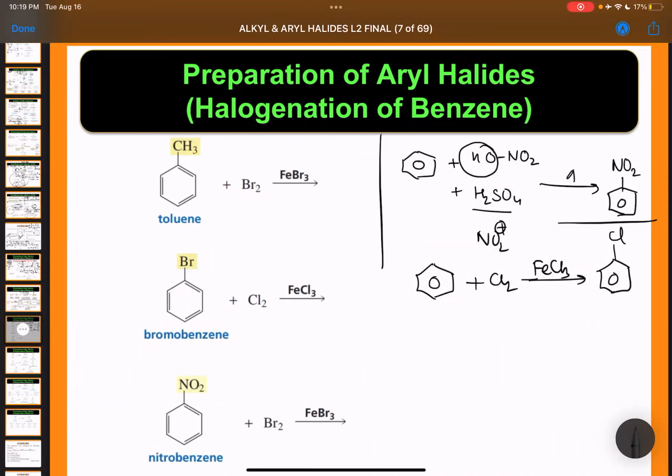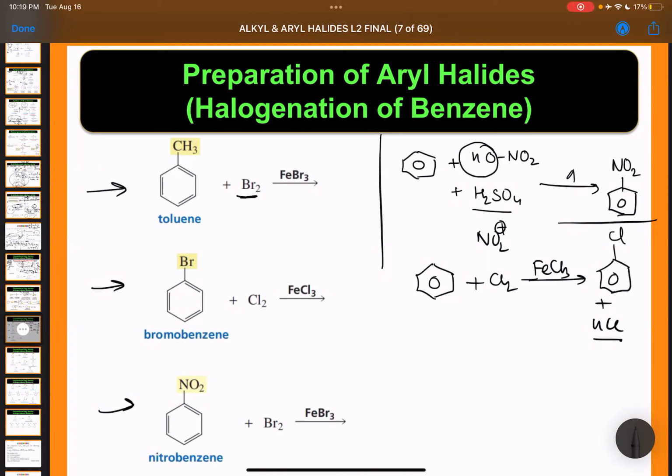You can put Cl anywhere on any of the carbon. It is one and the same thing, right? Yes, sir. But this is not the case in these three examples. You can't put Br plus anywhere.